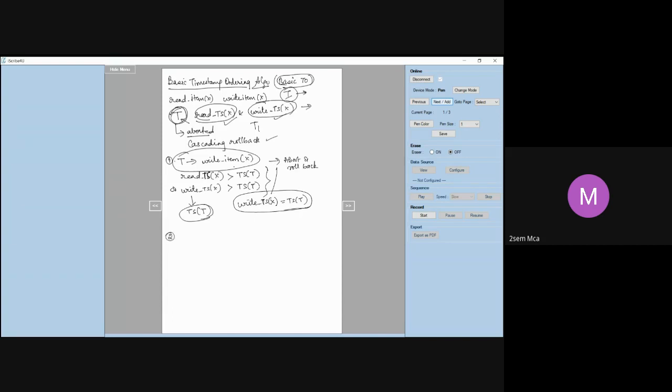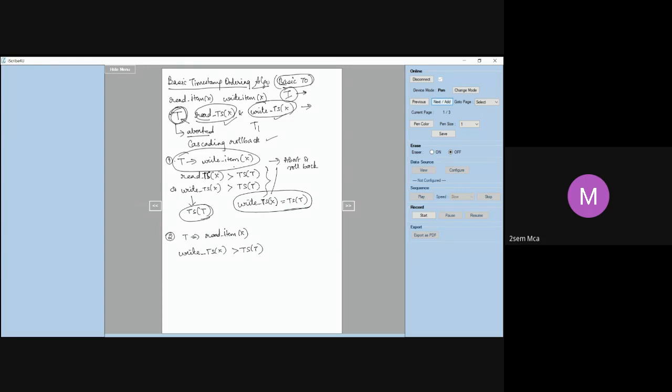The second operation is if it issues a read item of X. Here also, if this write TS of X is greater than TS of T, that means somebody has already written that value.